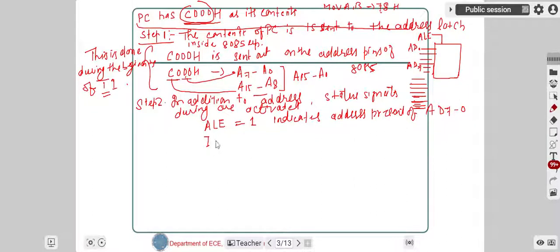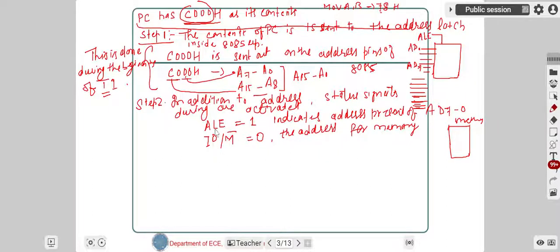Secondly, input output slash m bar becomes 0. Why? Because it indicates the address for memory, because we are going to address the memory of 8085. We are not going to address the input output device here.